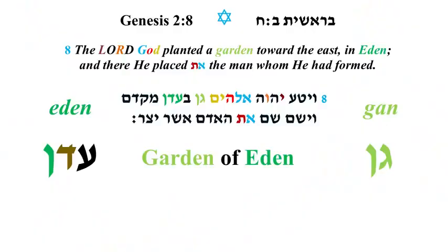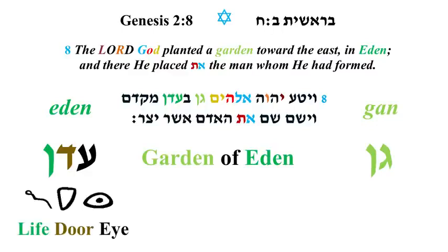If you jump to chapter 2 in Genesis, verse 8, it says, Yahweh Elohim planted a garden toward the east in Eden, and there he placed Aleph Tav, the man whom he had formed. The word for garden is gan, and it's the Gan Eden. And Eden is Ayin Dalet Nun.